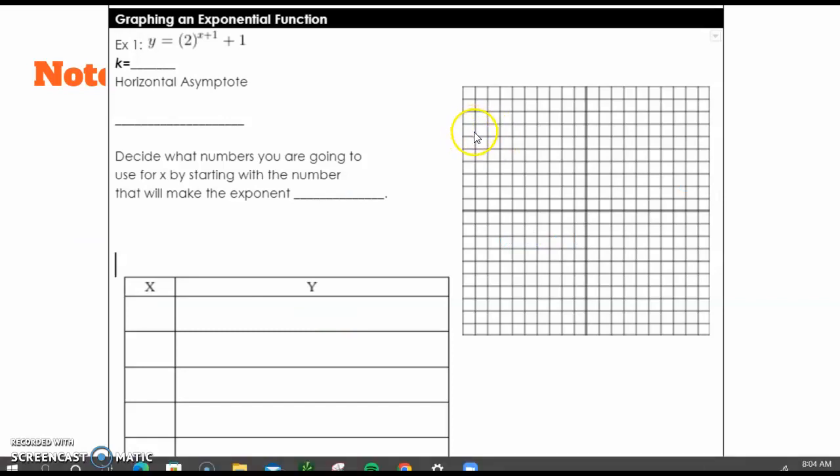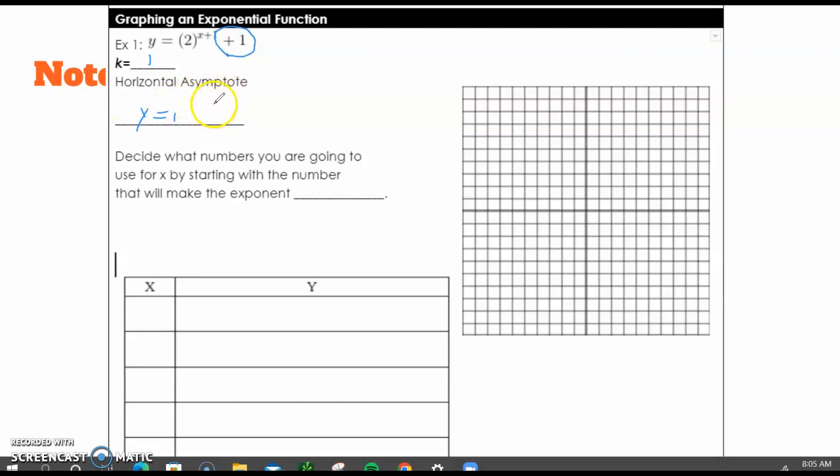All right, so here's our equation. Y equals 2 to the x plus 1, plus 1. So first thing we're going to do is figure out our horizontal asymptote. Our horizontal asymptote is always this number out here, k. K is 1. So our horizontal asymptote is y equals 1.